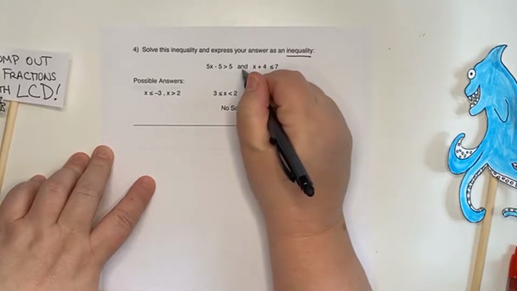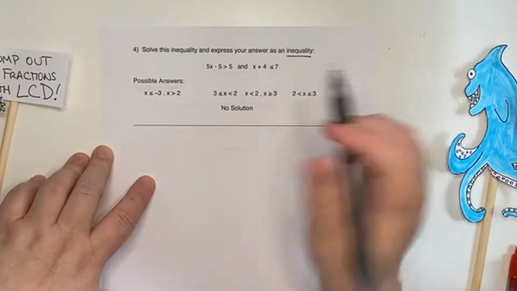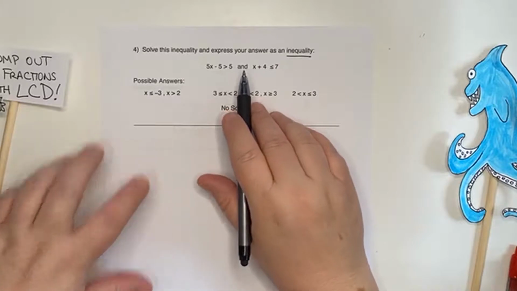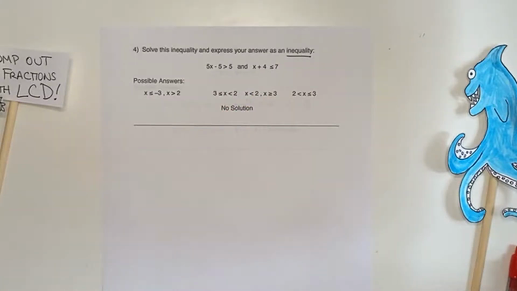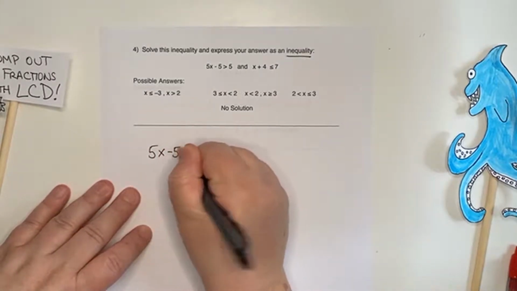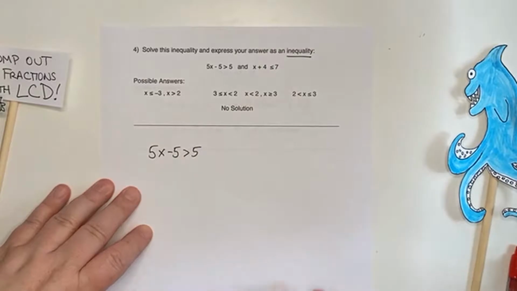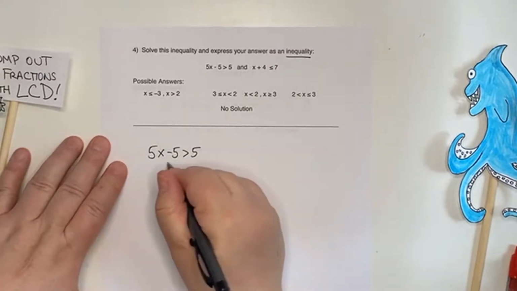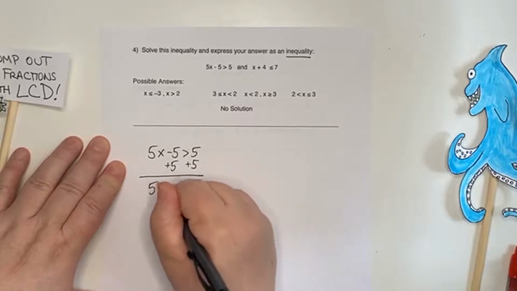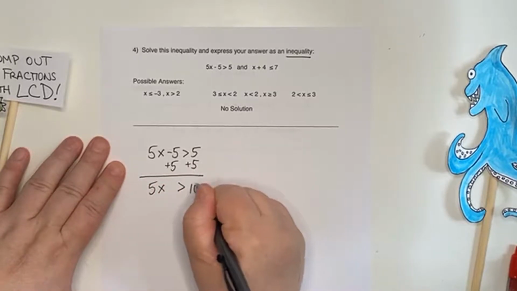So this is an and problem. So I've got two inequalities. I need to combine them together. So remember, this is one of those ones where I'm going to look at the overlap. So 5x minus 5 is greater than 5. Okay, so let's see, plus 5, plus 5. 5x is greater than 10.